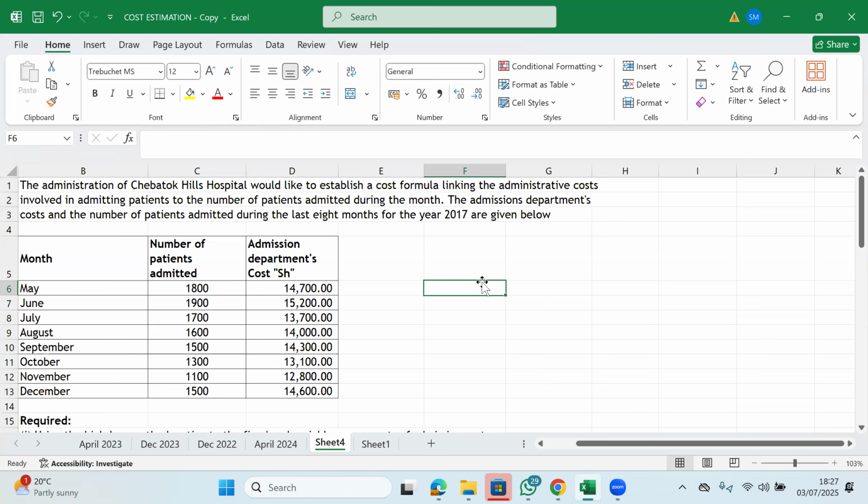In this topic, we shall majorly be interested in two techniques of cost estimation. And in fact, even before we go to techniques, maybe someone could remind us what cost estimation is.